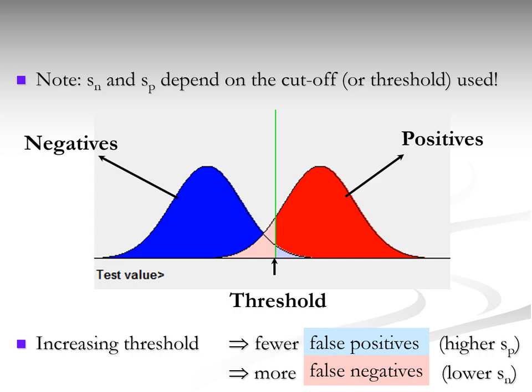So the light red surface will become larger. So this means that the sensitivity will become lower. So by increasing the green line, you increase the specificity, which is good, but at the same time, you decrease the sensitivity, which is not good.